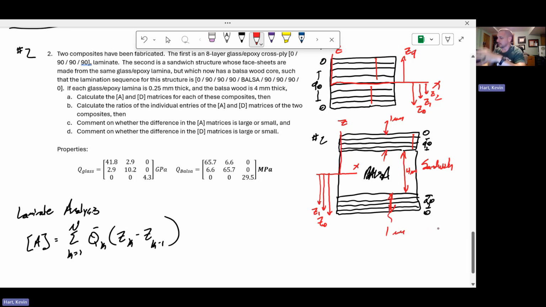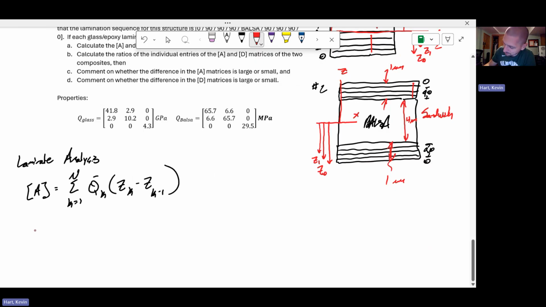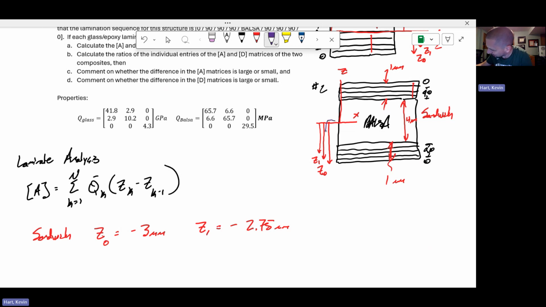So what happens is you end up with, in the sandwich, z0 is negative 3 millimeters. z1 is negative 2.75 millimeters. So I'm talking about this dimension here, z0. The distance from the middle of the stack down to the bottom of the laminate is negative 3 millimeters.